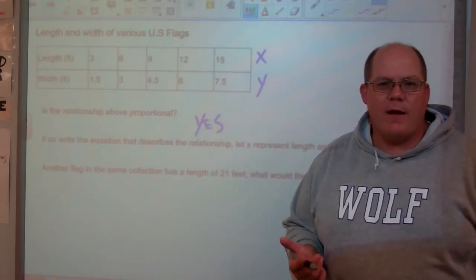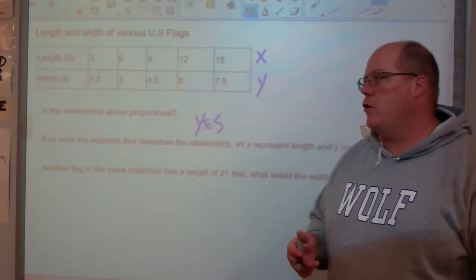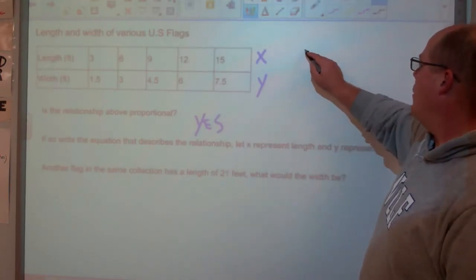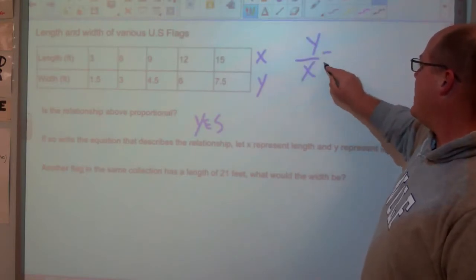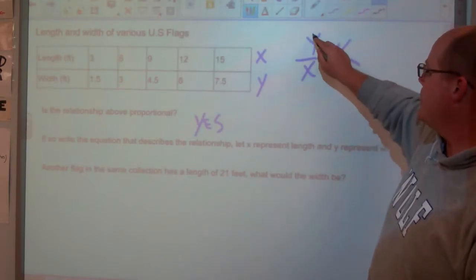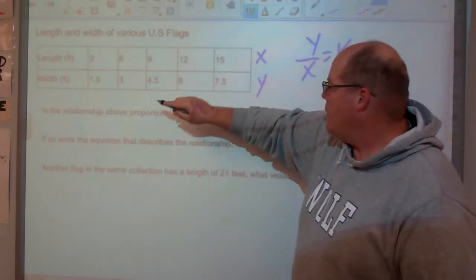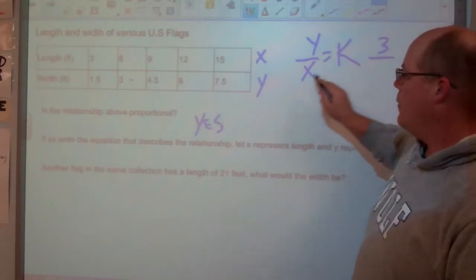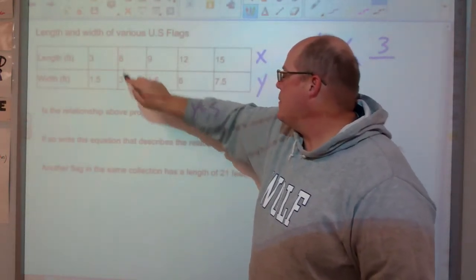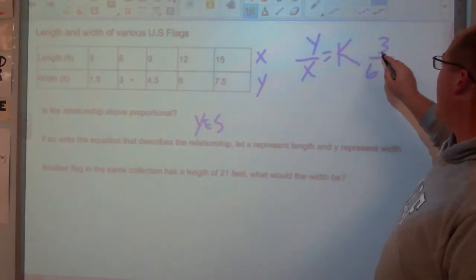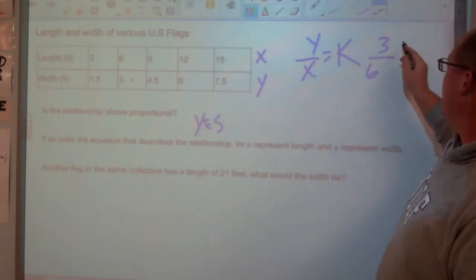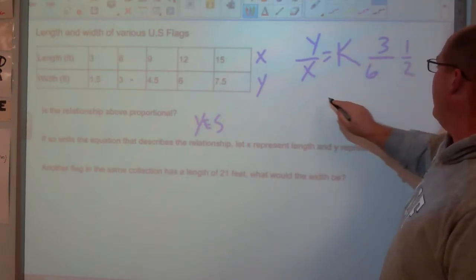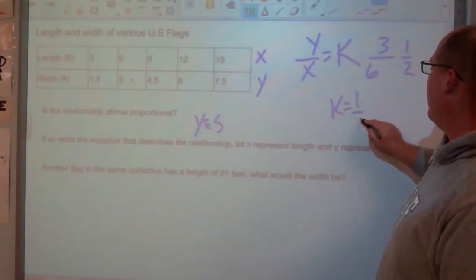In order to write the equation, we have to find slope. So y over x equals k, correct? In this situation, let's just pick 3 over 6. k equals 3 over 6, or we can simplify it to 1/2. k equals 1/2.